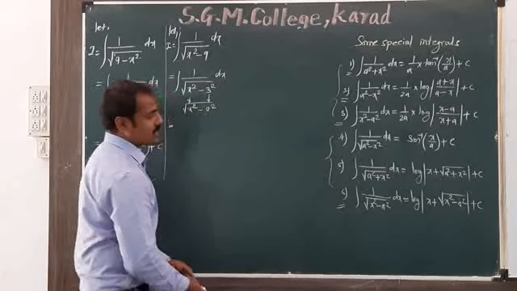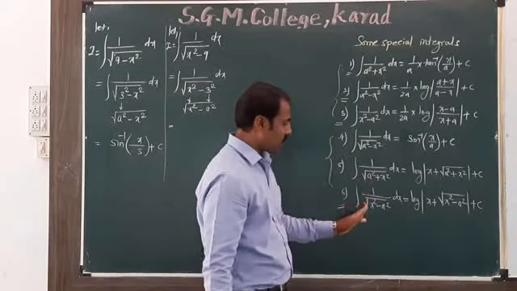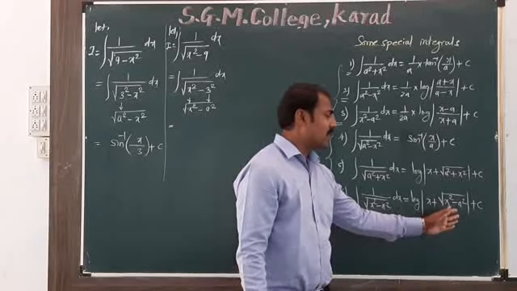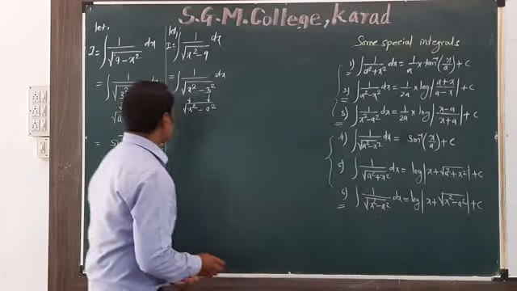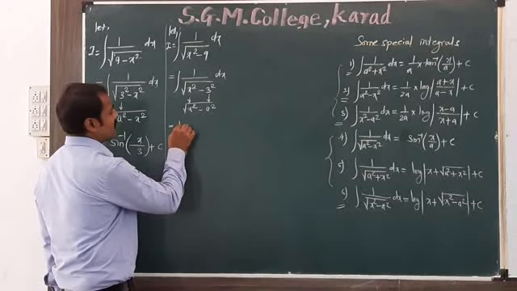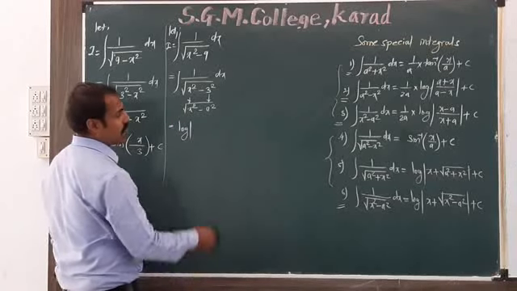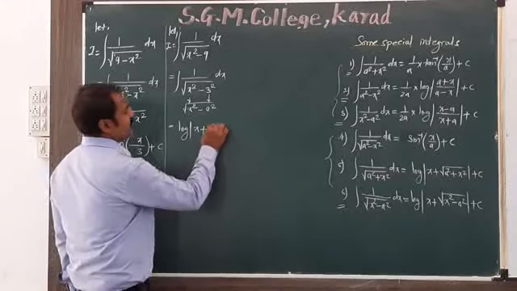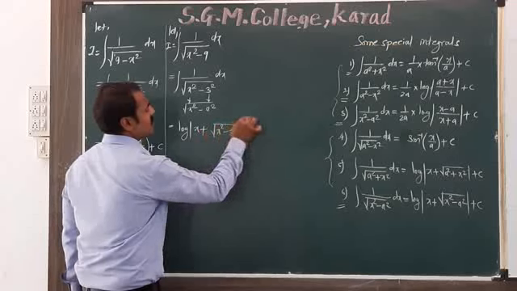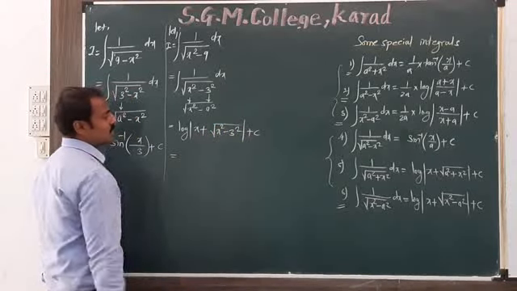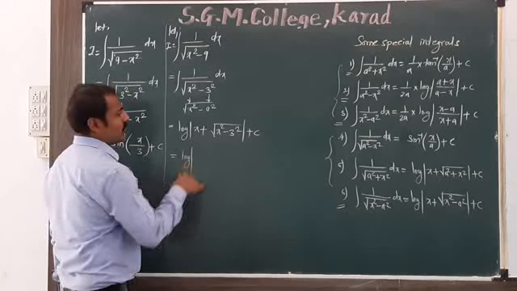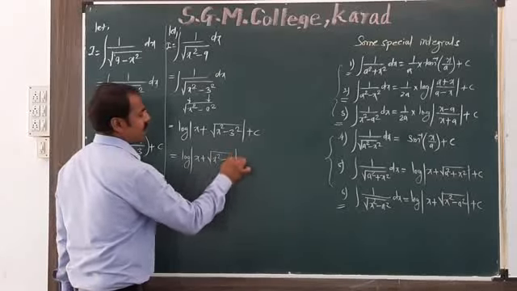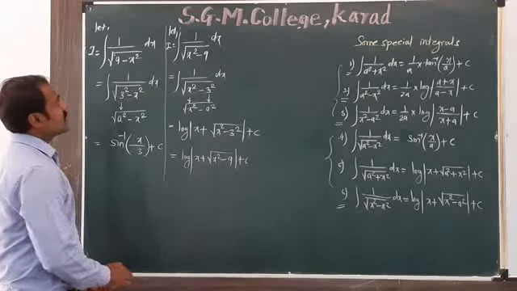Such types of integrations are solved by the formula: integration of 1 upon square root of x square minus a square dx is equal to log of mod of x plus the denominator term, plus c. So the answer of the given question is log of mod of x plus square root of x square minus 3 square, plus constant of integration c, which is equal to log of mod of x plus square root of x square minus 9, plus c. Okay, it's our fifth example.